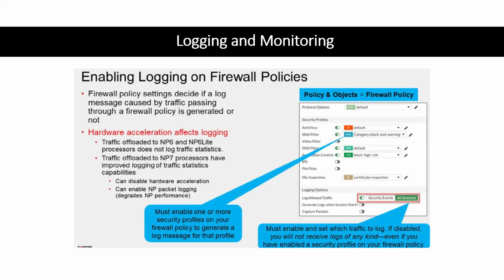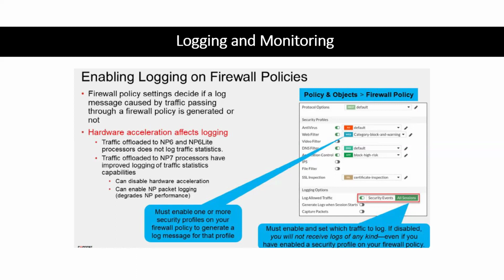But when you deployed this, you didn't enable the logging option of log allowed traffic, and you didn't generate a log when the session starts. So you miss that chance to dig because you don't have that traffic being captured. So you don't have to do it.